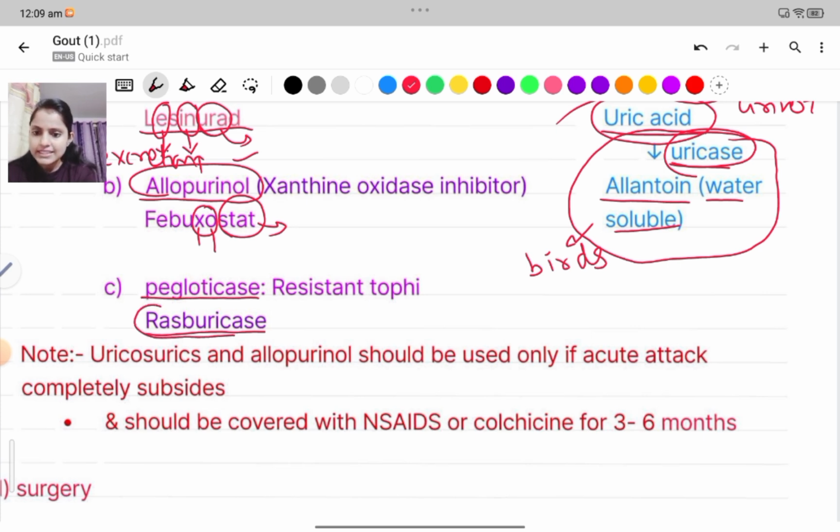As rasburicase is short acting, the drug pegloticase was made, in which polyethylene glycol is added to the uricase. We give these drugs when there is resistant tophi, and after giving this uricase, uric acid is converted into allantoin, which is water soluble, and it is excreted in the urine.